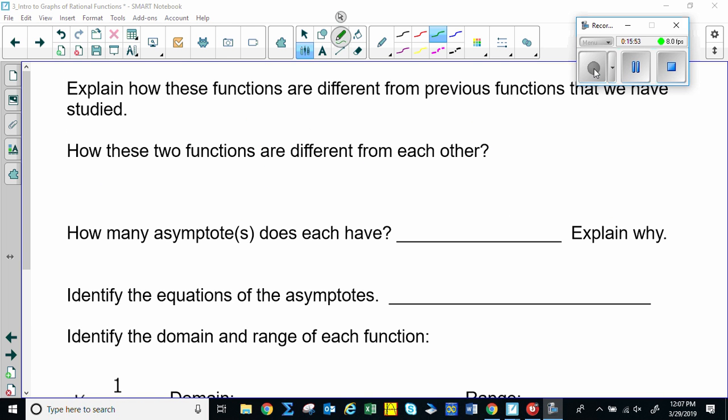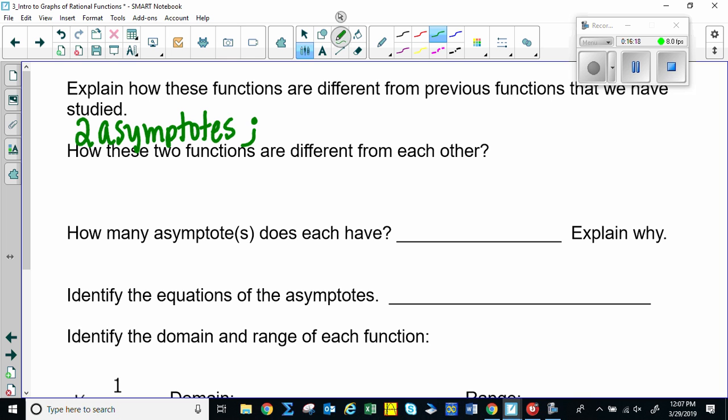Okay, so how are these functions different from the previous functions you've studied? Well, we have 2 asymptotes instead of 1, right? So we have 2 asymptotes. But the big thing I want you to take away is that we have a discontinuity here.